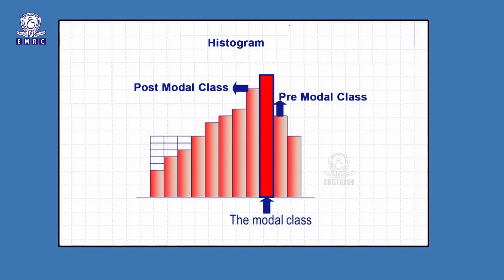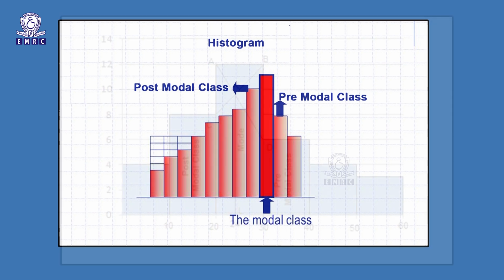The value of mode can be determined from the histogram. The procedure for locating the mode is to draw a straight line from the top right corner of the highest rectangle, the modal class, to the top right corner of the preceding rectangle, the pre-modal class. Similarly, draw a straight line from the top left corner of the highest rectangle to the top left corner of the succeeding rectangle, the post-modal class.